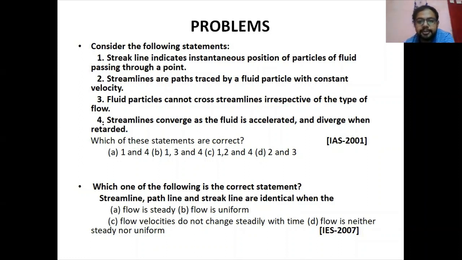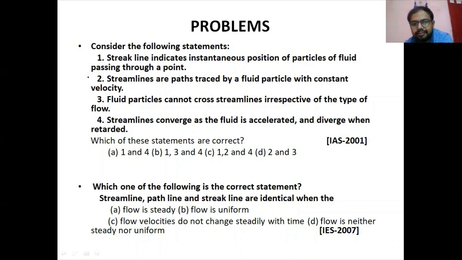Here, you have to choose which statements are correct. This is one IES question. The streak line indicates the instantaneous position of the particles of a fluid passing through a point. It's a correct statement. Next, a streamline is the path traced by a fluid particle with constant velocity.